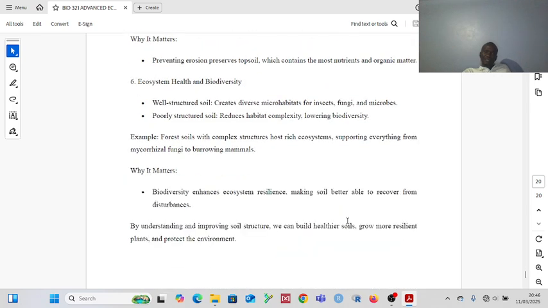So, the very last bit is ecosystem health and diversity. So when you have soil that is very well structured, it will create a diverse microhabitat. So which means in a soil that is properly structured, it will have different organisms. There will be insects, there will be fungi, there will be microorganisms, and even now plants within that particular ecosystem.